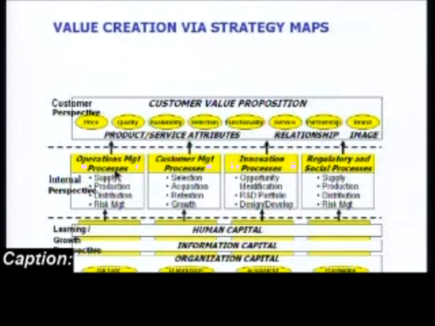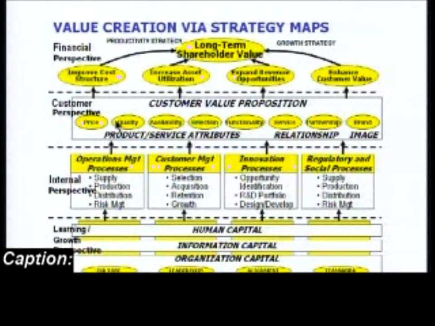So we see the lower perspectives feed into the higher perspectives, and then the financial perspective at the top looks at the productivity strategy in terms of improving the cost structure and increasing asset utilization, leading to long-term shareholder value, and the growth strategy looking at expanding revenue opportunities and enhancing customer value.